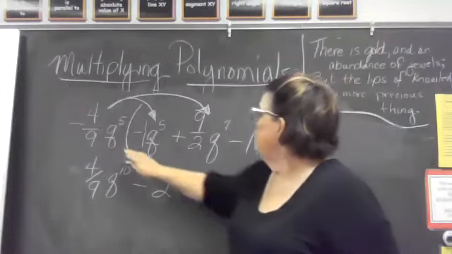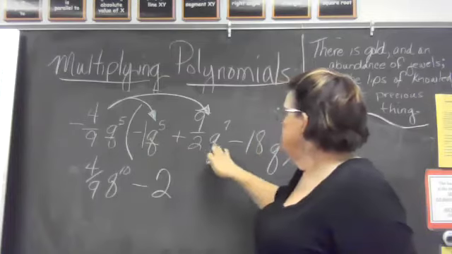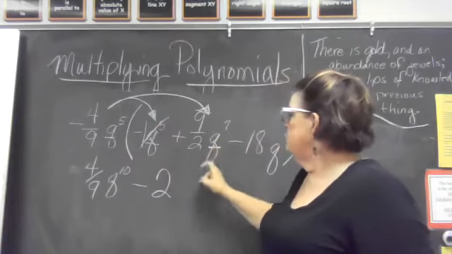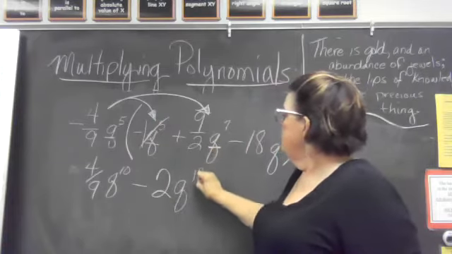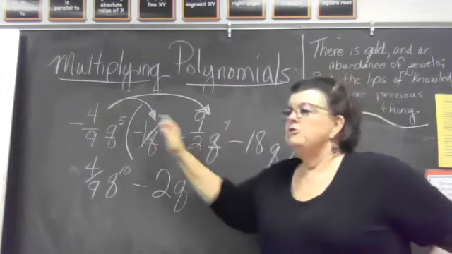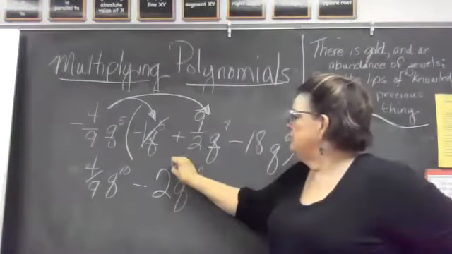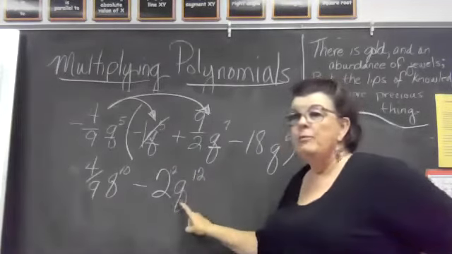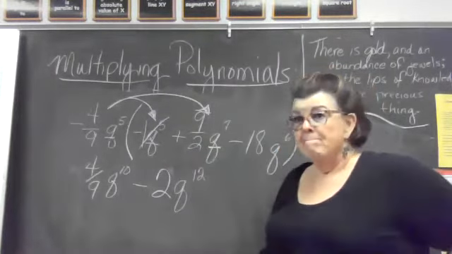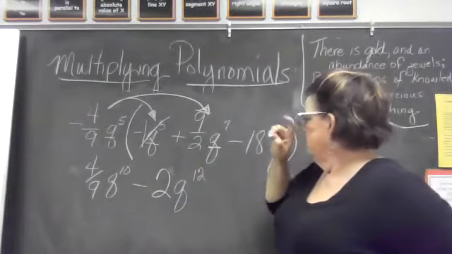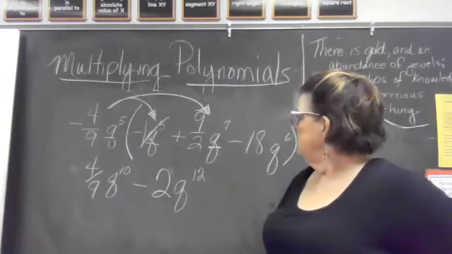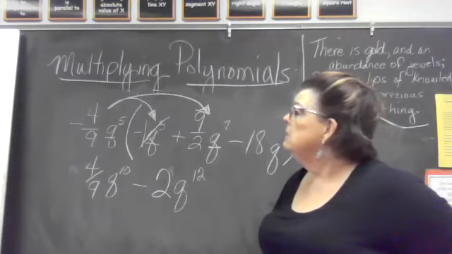And then again, Q and Q are same bases, so we add the exponents. One of the things people make a mistake on is they get really wrapped up in the 12, and so they end up putting 2 to the 12th. Make sure you put your base down, because the 12 goes with the base. The number was 4/9 or 14/9? 14/9? Yeah, I did the 4/9, take away the 2.